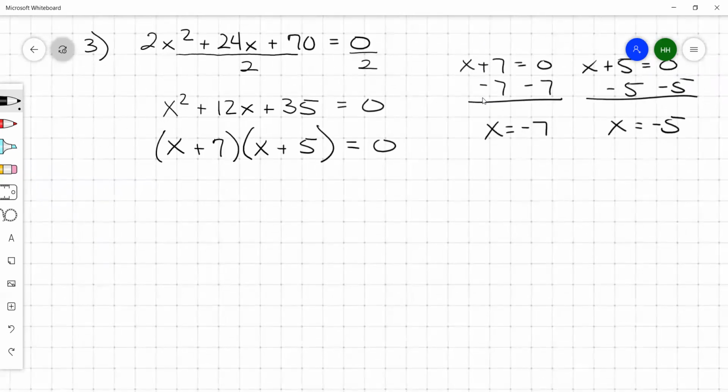In problem number 4, we got 3x squared minus 20x plus 25 equal to 0. Now, there's nothing that every term is divisible by. So we've just got to factor.